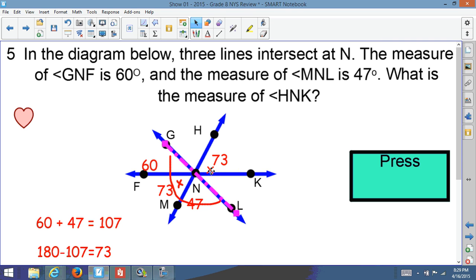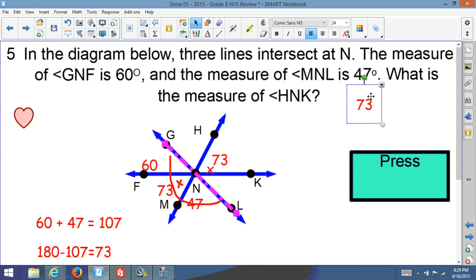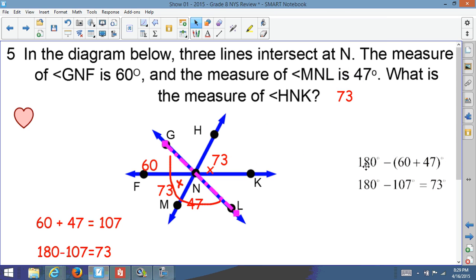So I already found angle HNK, which is equal to 73 degrees. So I had to do a little work, but that's my answer. So remember, straight angle, 180 degrees. I added those other two angles, added up to 107, and I subtracted it from that, and that gave me 73. And remember, opposite angles are equal, which are vertical angles. Very good.